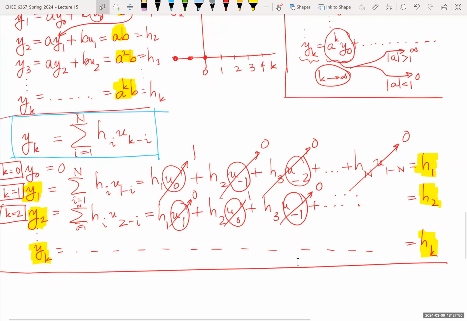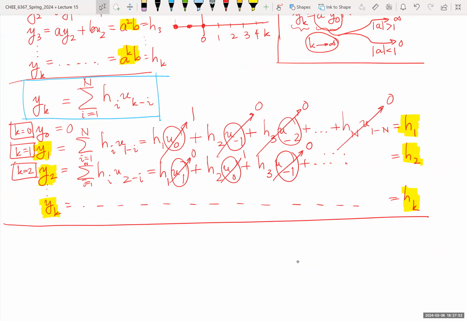So I could throw this input: 0, 0, 0, this is UK, 1, or whatever magnitude, and then 0, 0, 0, 0, 0.